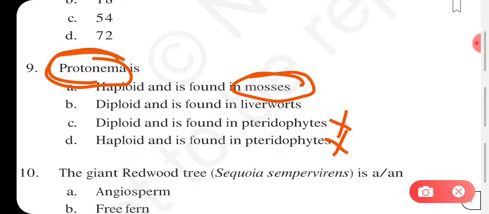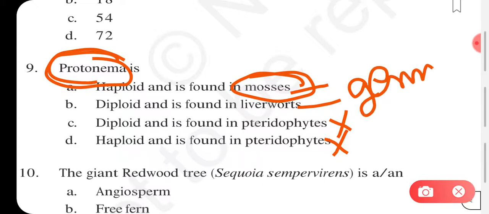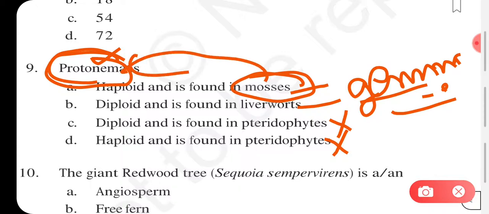In Bryophyta, as you see, there are mosses and also liverworts. And what else you should know is that in liverworts, if they are reproducing asexually, they will have structures called gemmae. So gemmae are present in liverworts. Protonema is the first stage which is present in mosses.